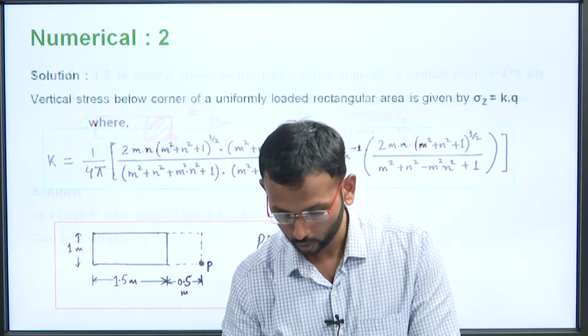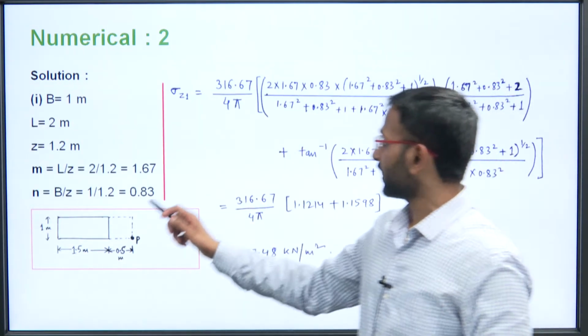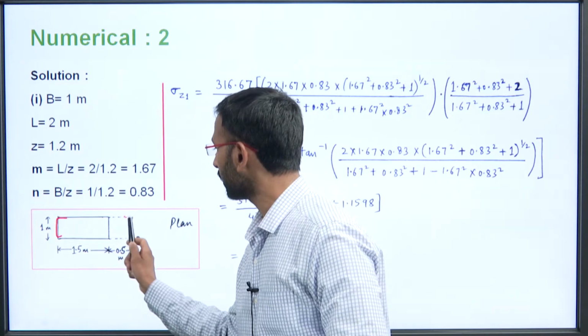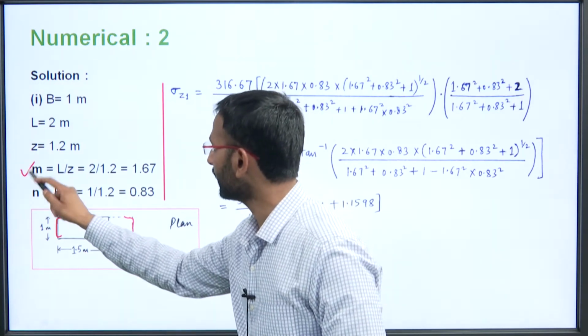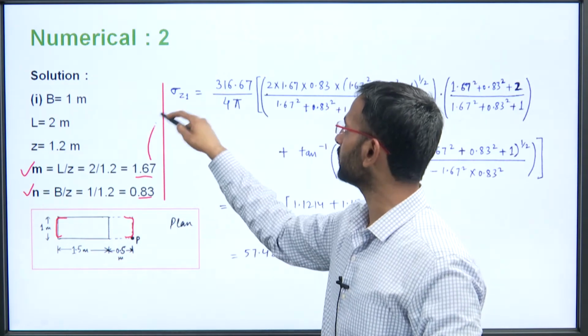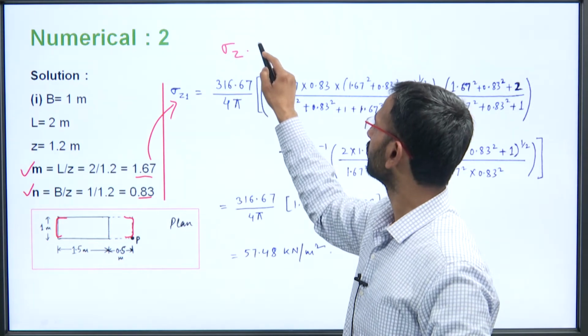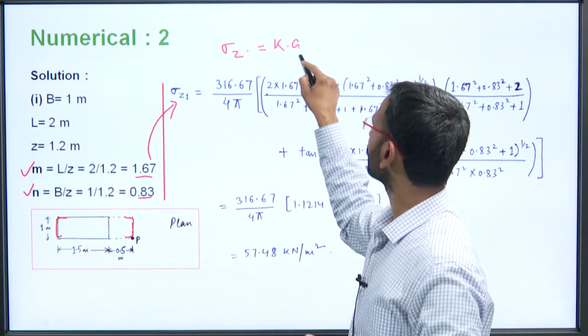Now taking the two loaded areas, we can easily see that in the very first case we considered the entire loaded area. So the value of m and n here is different, we got these values and simply put them in the formula, sigma z is equal to k into q.